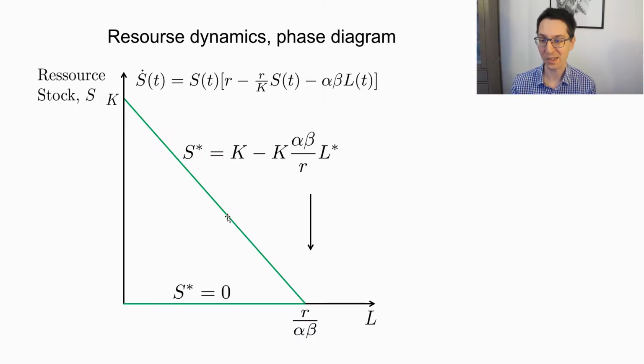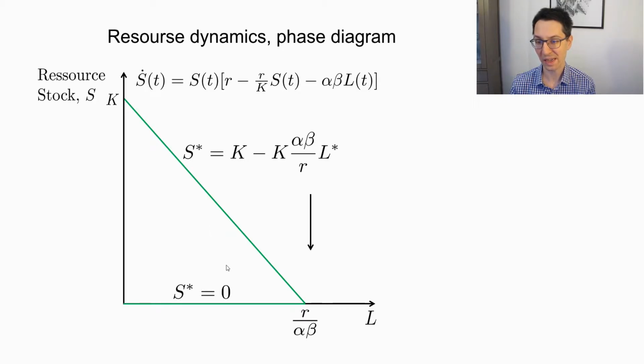So if I start at steady state and for some reason I decrease the number of resources, how is the dynamic of S going to change? Well, this was equal to 0, and now I'm decreasing S. So what's going to happen to S dot? Well, S decreases, there's a minus there, so S dot is going to increase.